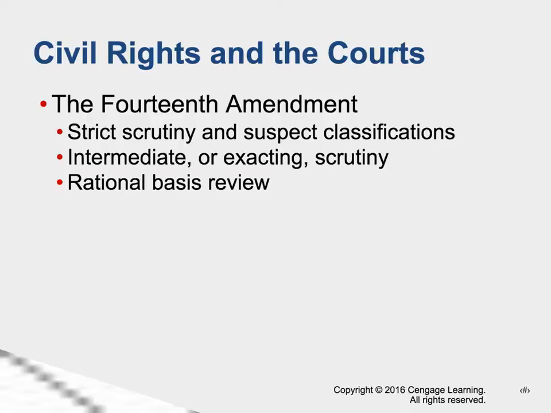The courts have developed a series of tests to use when considering cases of possible discrimination. First is strict scrutiny. That assesses the constitutionality of a law or government action when it threatens to interfere with a fundamental right or potential discrimination against members of a class, such as race, religion, national origin.